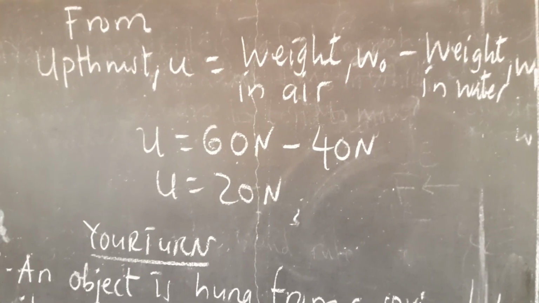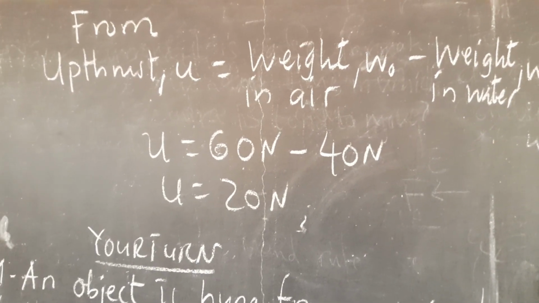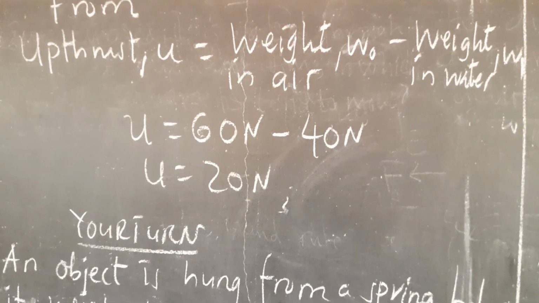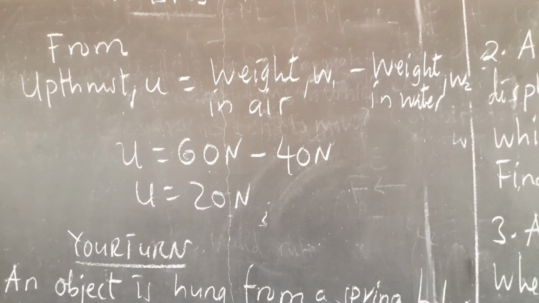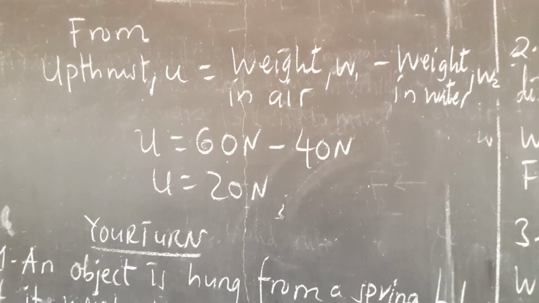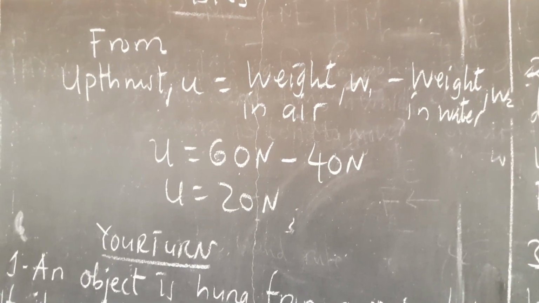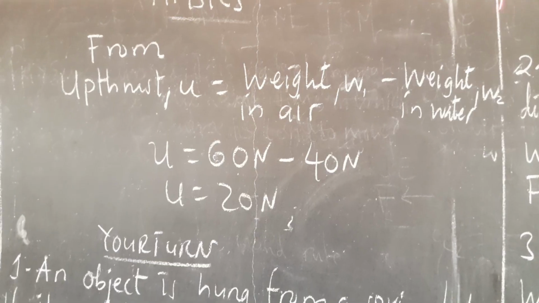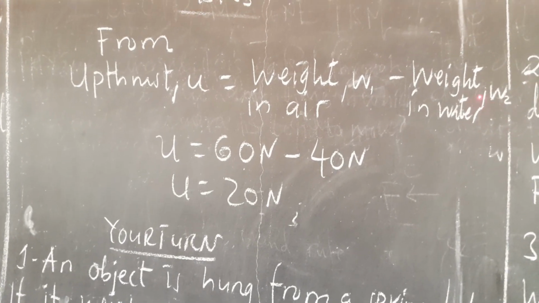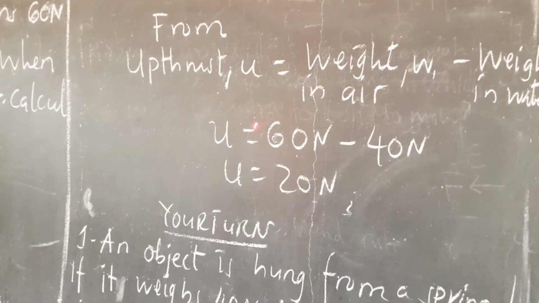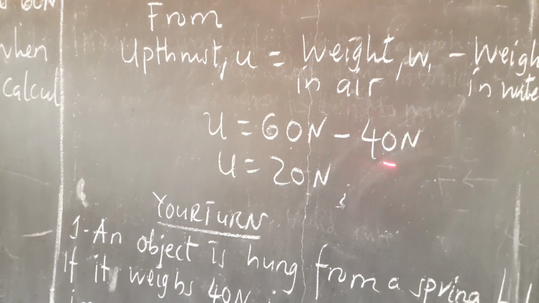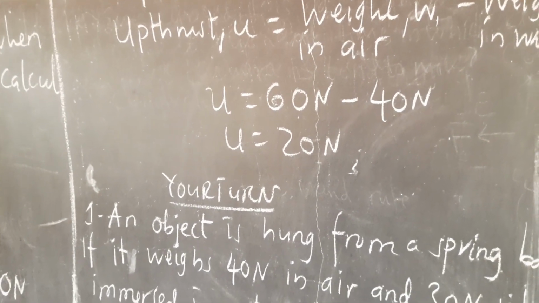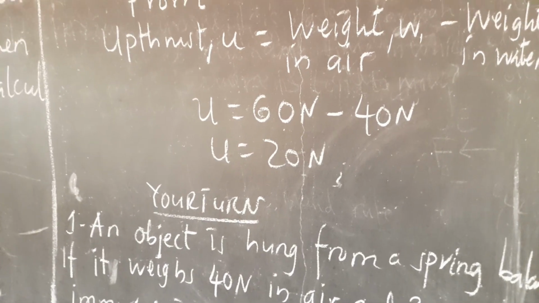Upthrust is equal to weight in air, W1, minus weight in water, W2. So you take 60 Newton minus 40 Newton. Finally, you get 20 Newton. That will be the upthrust.